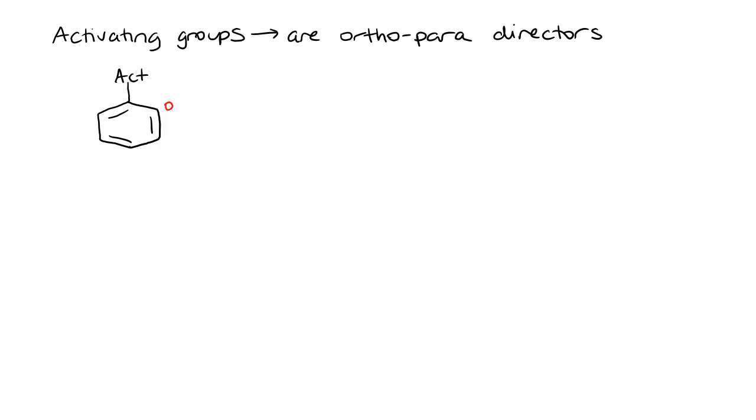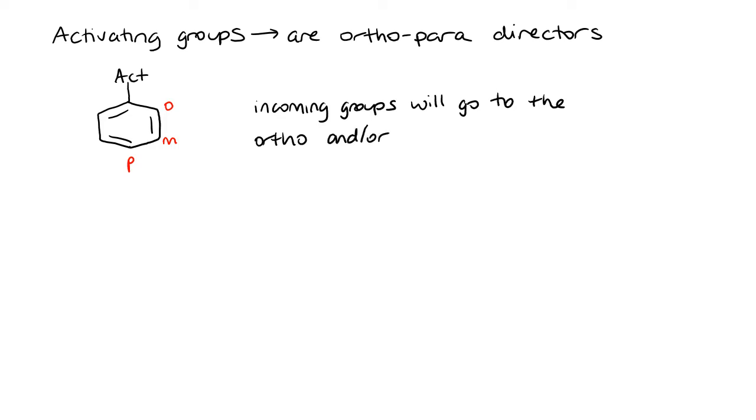So ortho would be right next to the activating group, meta would be one carbon away, and para would be on the opposite side of the ring. So all incoming groups will go to the ortho and or para position.